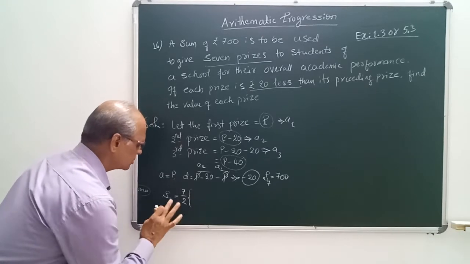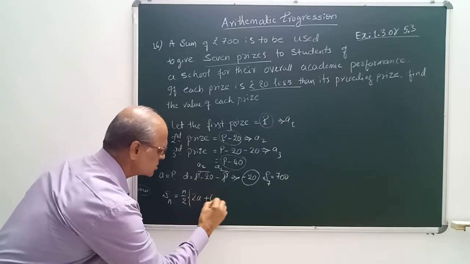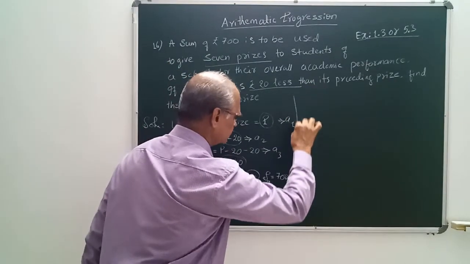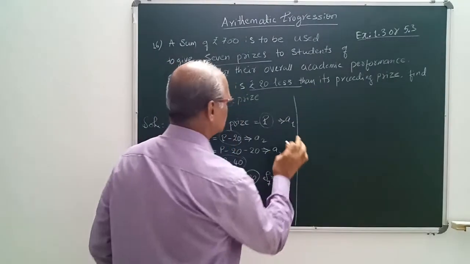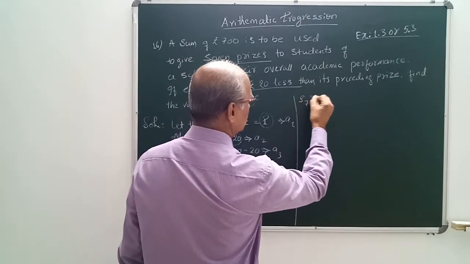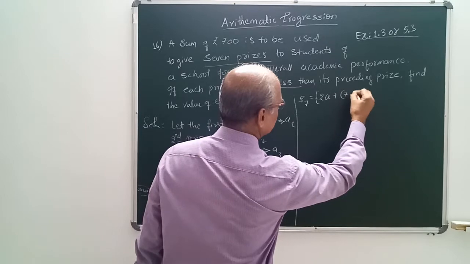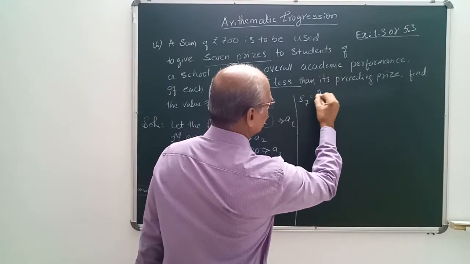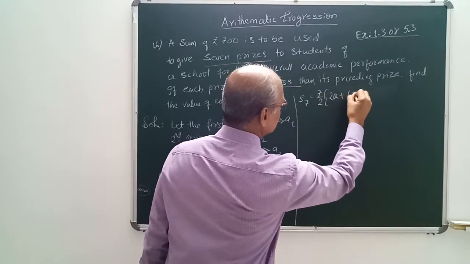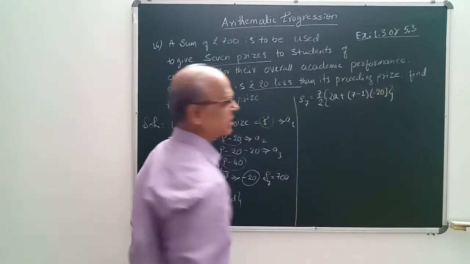Sn is n by 2 into 2a plus (n minus 1) d, right? Here this is our S7. So S7 is equal to 7 by 2 into 2a plus (7 minus 1) into minus 20, bracket close.